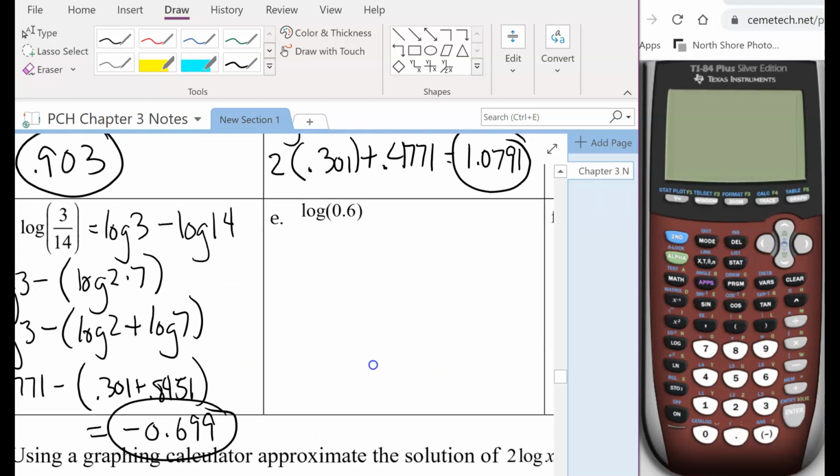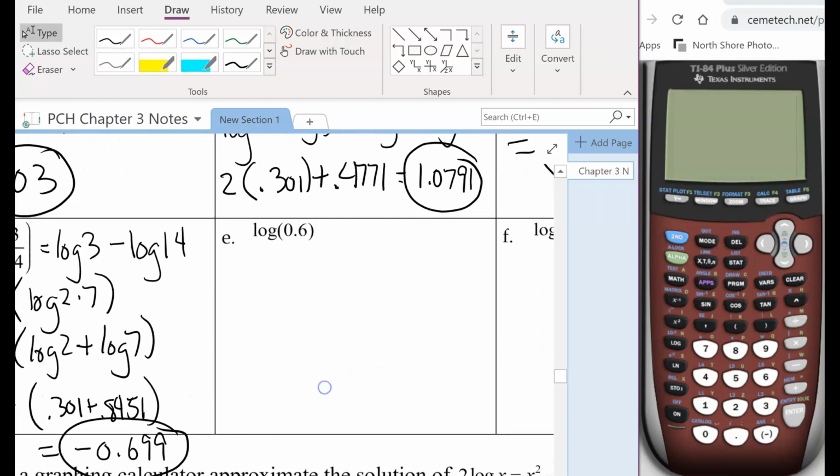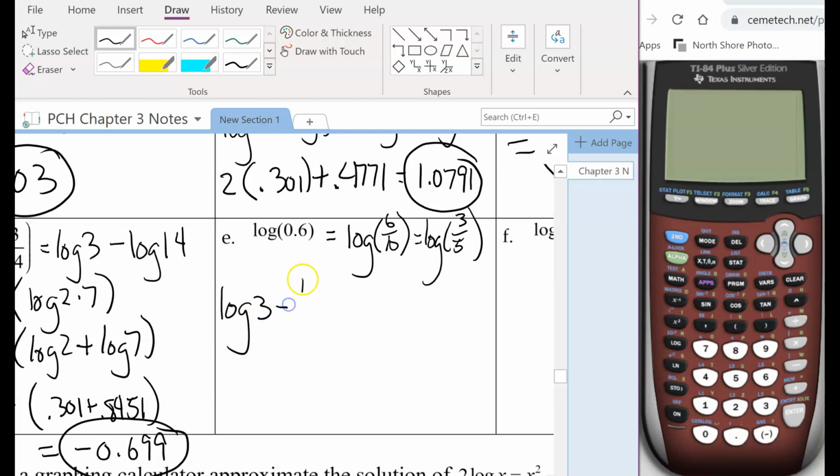Alright, moving on to part E. Let's rewrite this as a fraction 6/10, so that becomes the log of 6 over 10, which becomes the log, divide by 2, so we get 3/5, log of 3/5, and we have the log of 3, and we have the log of 5, so that becomes the log of 3 minus the log of 5.